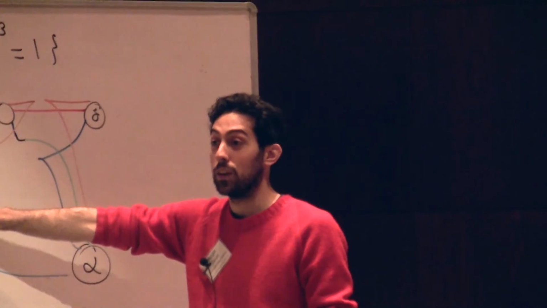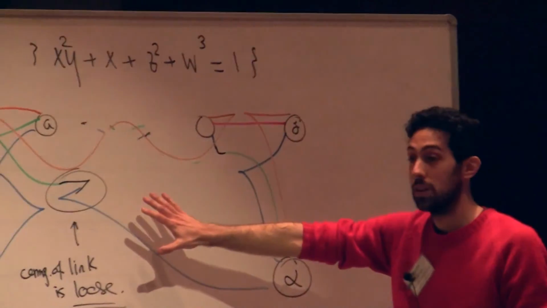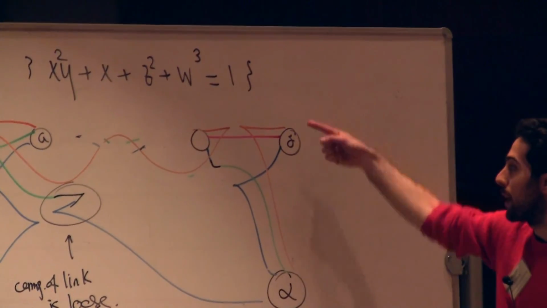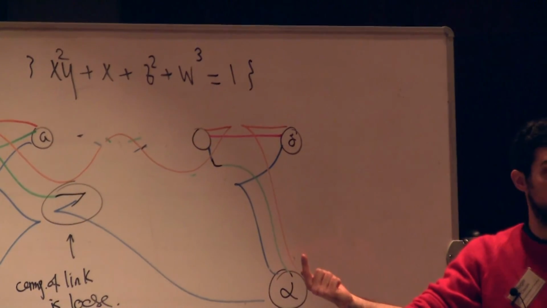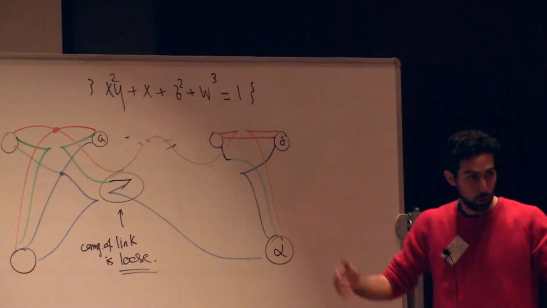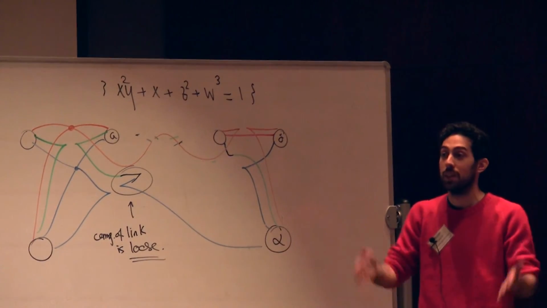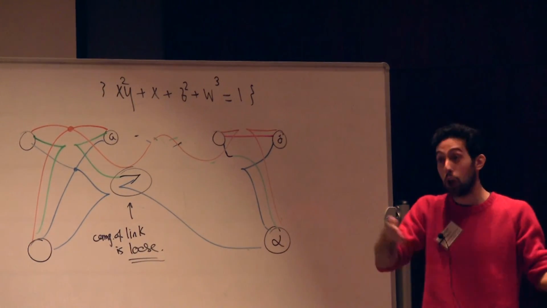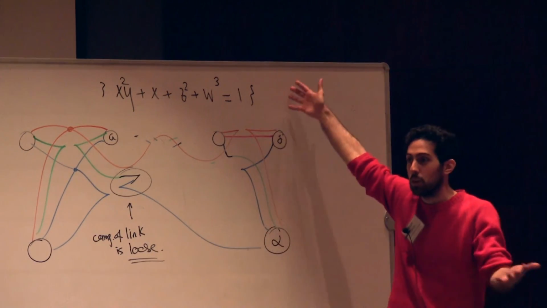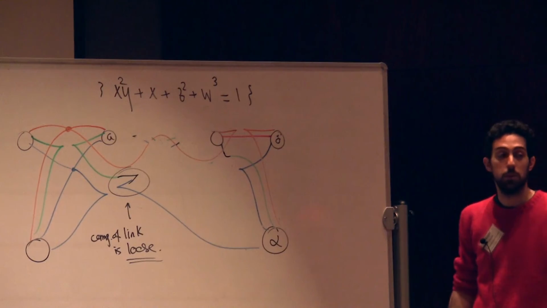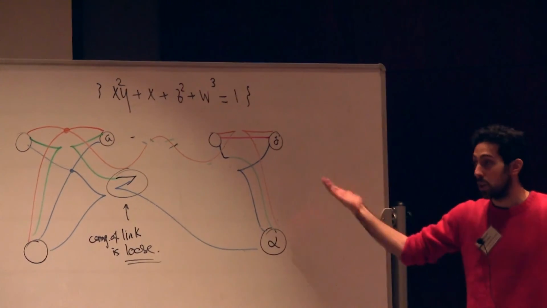So think for a second that the blue and the green don't exist. The question, is red and orange a loose link? Yes, because they're in canceling position with the handles. So the whole thing is a loose link, which means that every component is loose in the complement of the other components, which means that this variety, the Brieskorn variety, is flexible from the Weinstein perspective, which implies SH0 vanishing and some other things.